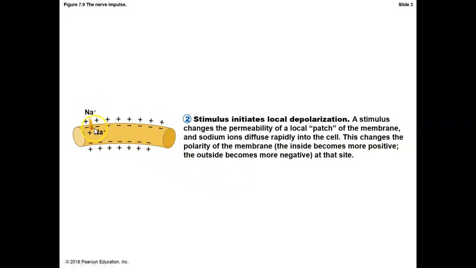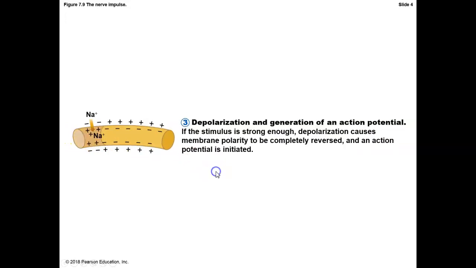A stimulus hits, and when it hits, it allows sodium channels to open. So any stimulus causes those gated channels to open. Sodium rushes in. If enough sodium rushes in that it brings the membrane to about negative 55 millivolts, then an action potential will occur.